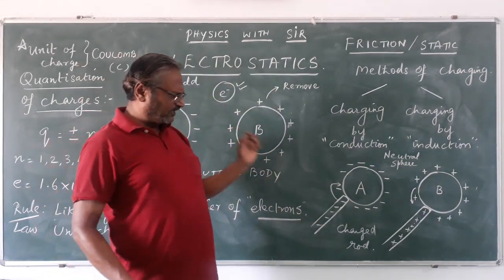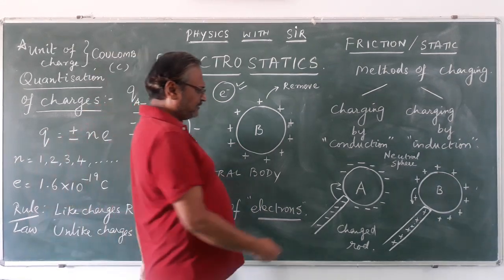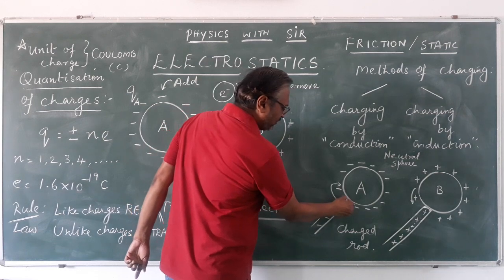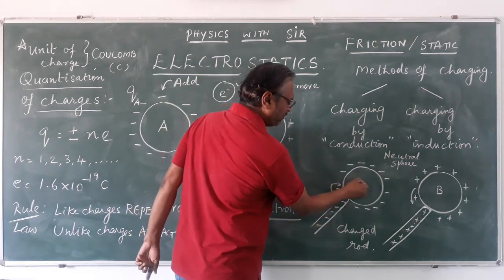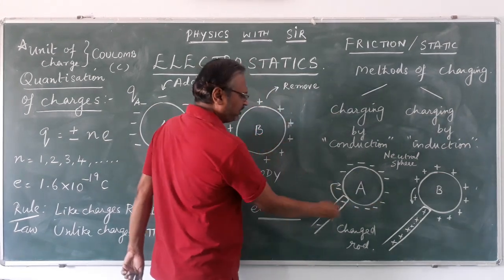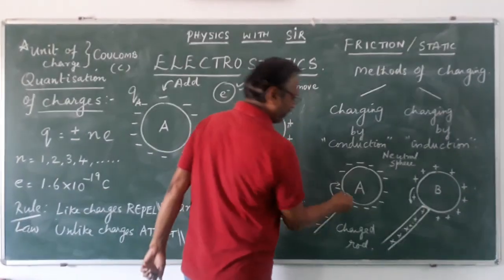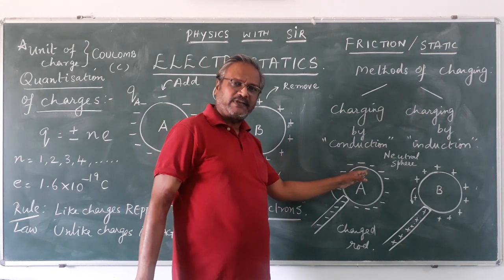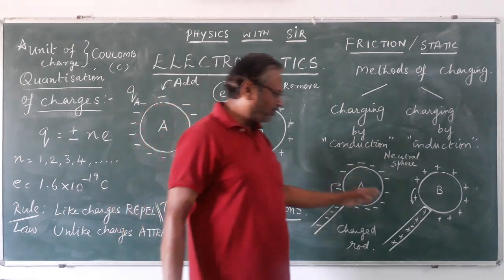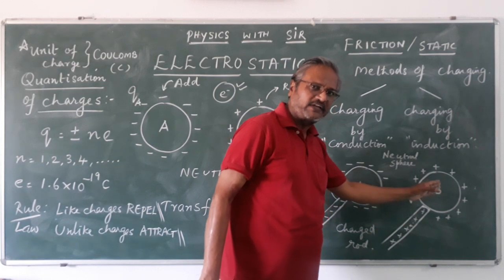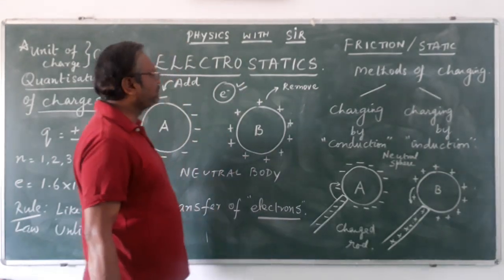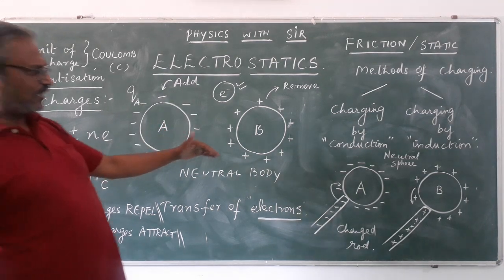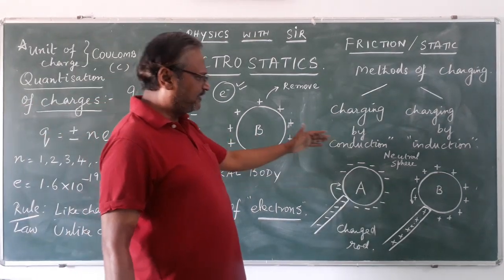You will see very clearly that in charging by conduction, the rod you have taken and the sphere you are charging gain the same type of charge. If you take a negative rod, the sphere also becomes negative. If you take a positive rod, the sphere also becomes positively charged. So one should understand very clearly that in charging by conduction, this is the process.